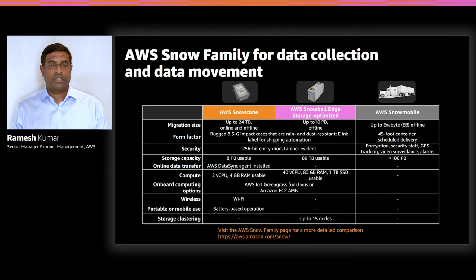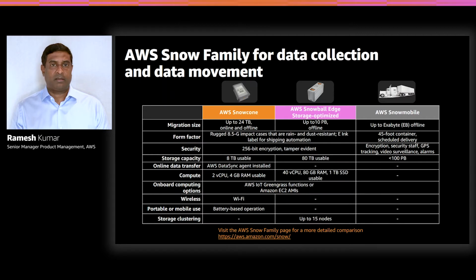Snowcone supports 2 CPUs and 4 GB of RAM for the compute applications, while Snowball Edge supports up to 40 vCPUs and 80 gigabytes of RAM to support your compute applications. You can develop your compute applications in the AWS Cloud.